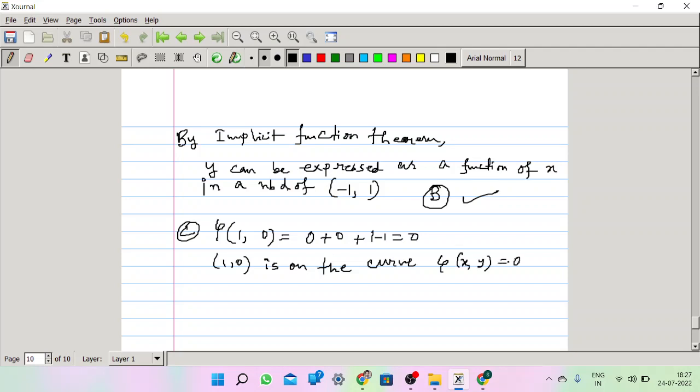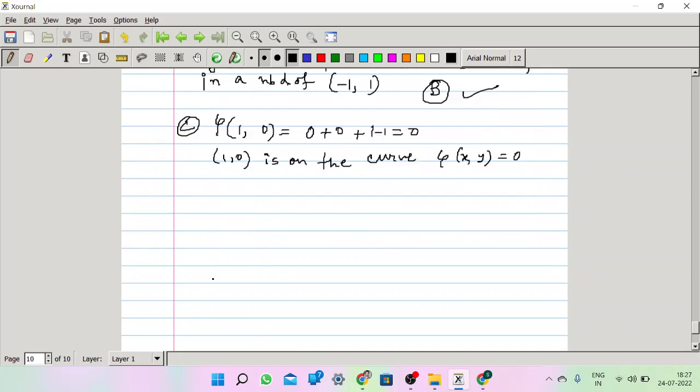Now for the second statement, del phi upon del y at 1 comma 0, which is 2y plus 1, that is 2 into 0 plus 1, that is 1, which is non-zero. So the implicit function theorem is applicable, but in the option it is given that the implicit function theorem is not applicable, so option C is false.